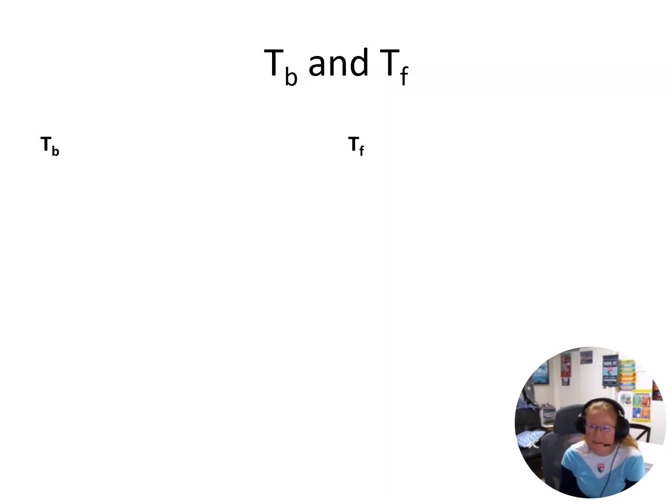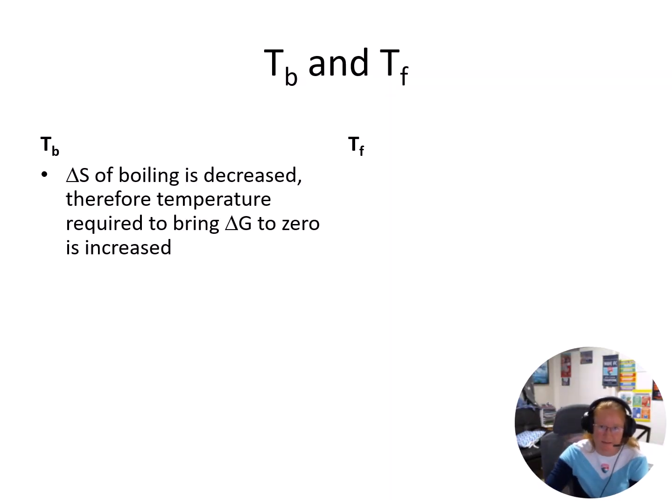All right, so when we look at our boiling point, what happens here? Why does the boiling point go up? Well, the entropy of the boiling is decreased, and so we need a higher temperature to bring delta G to 0. We have less disorder. Same thing with the vapor pressure.